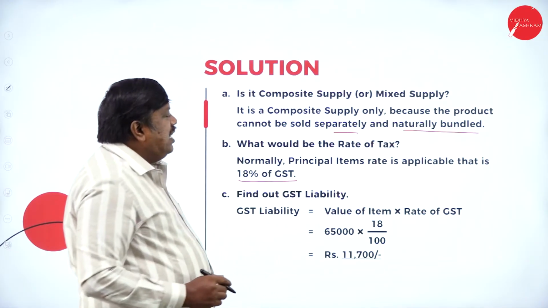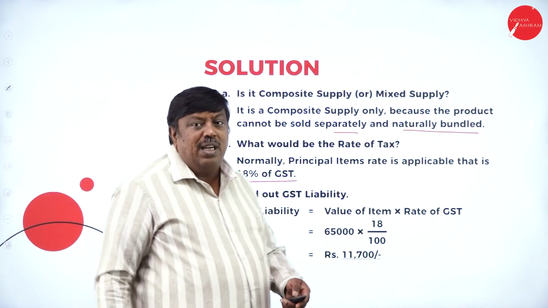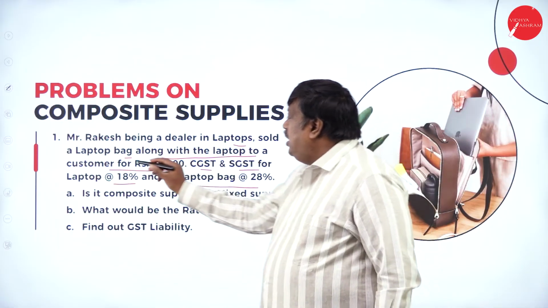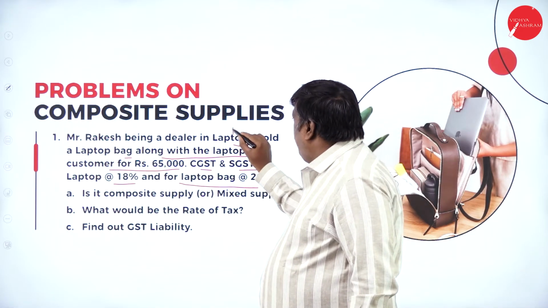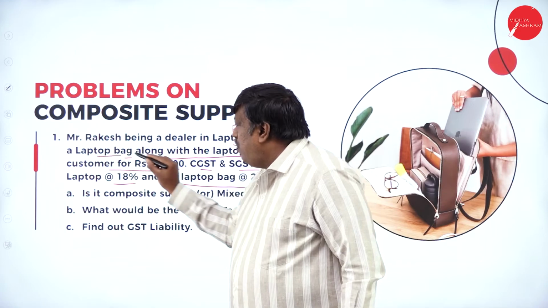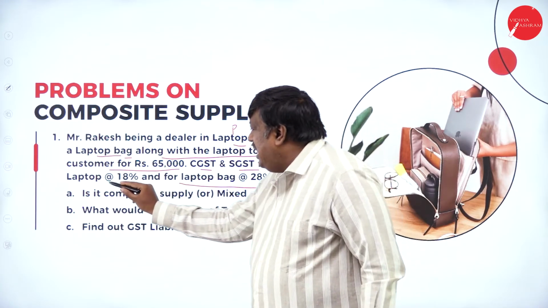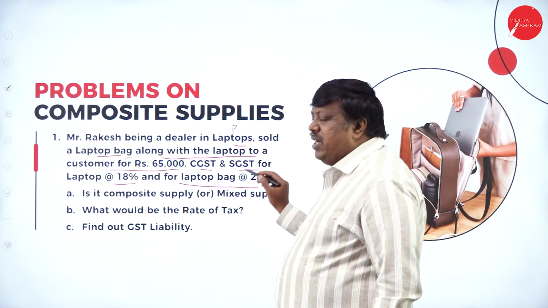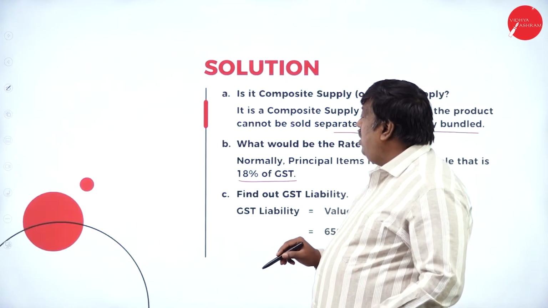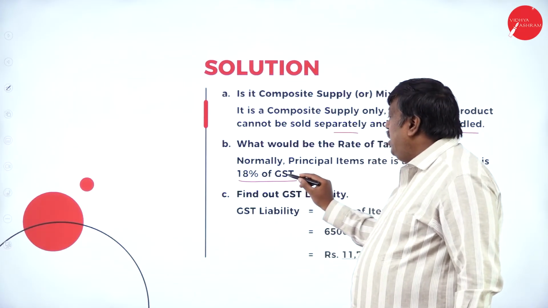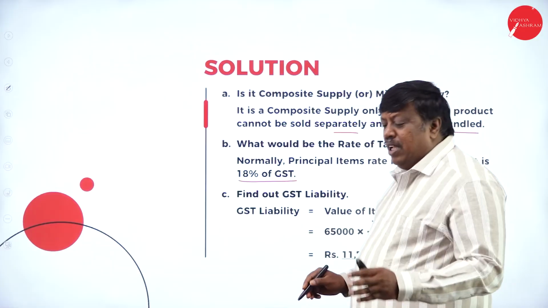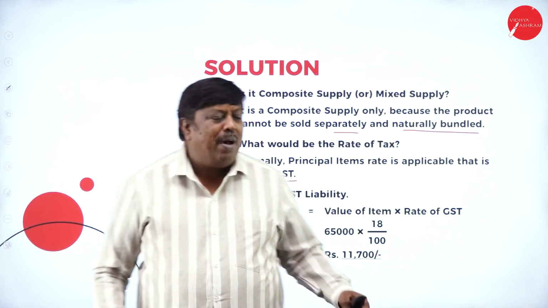Here the principal is the laptop and the additional is the laptop bag. For the principal it is 18%, for the additional it is 28%. But we are going to consider 18% GST for both the laptop as well as the laptop bag.